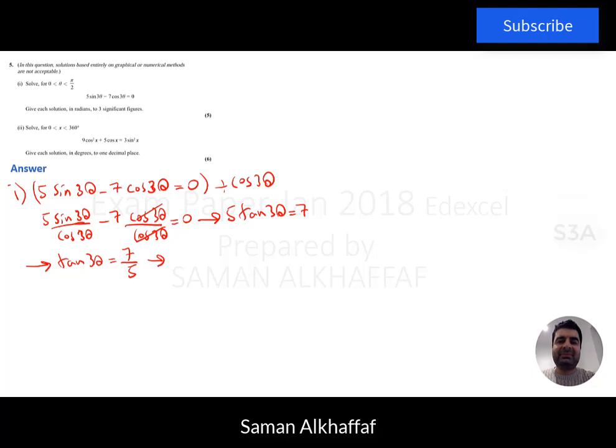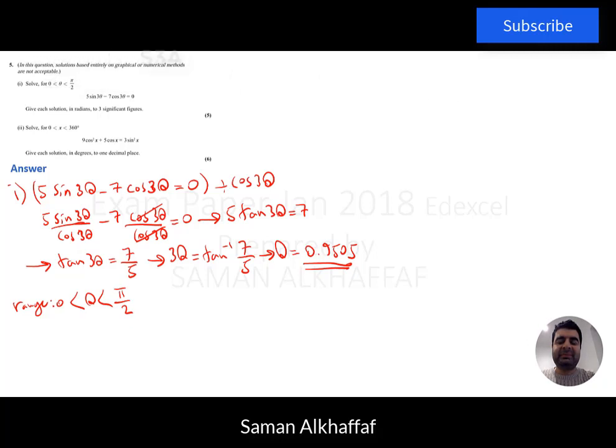To find 3 theta, we find the tan inverse of 7 over 5, and then we divide the answer by 3, which gives us theta being 0.9505 for theta.